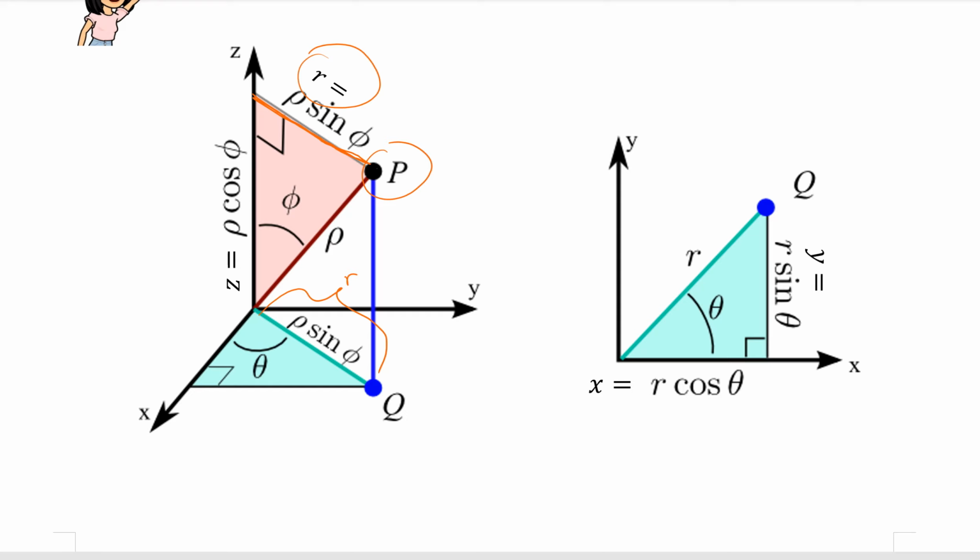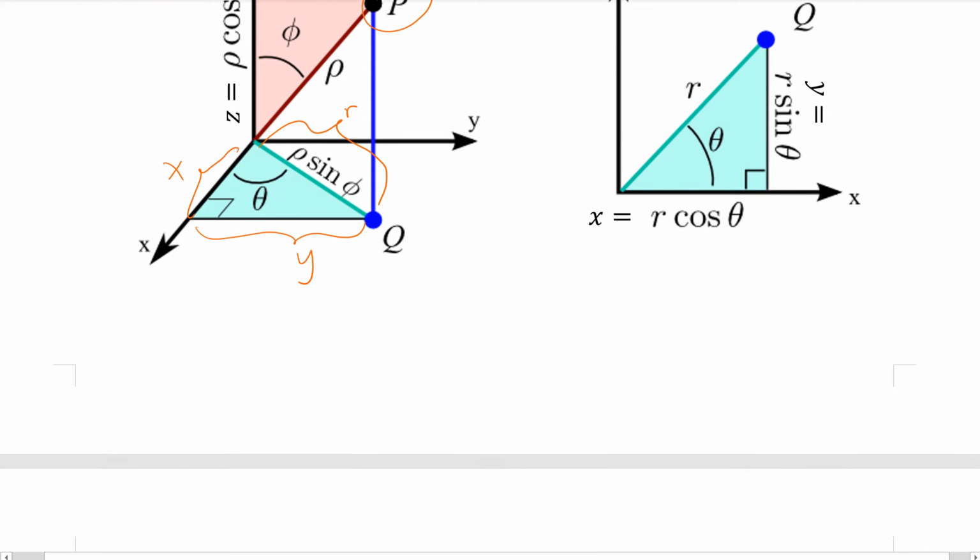So on the xy plane, we can still have the polar coordinates, right? We have the relations x equals r cosine theta, and y equals r sine theta. So far so good. And z is z.